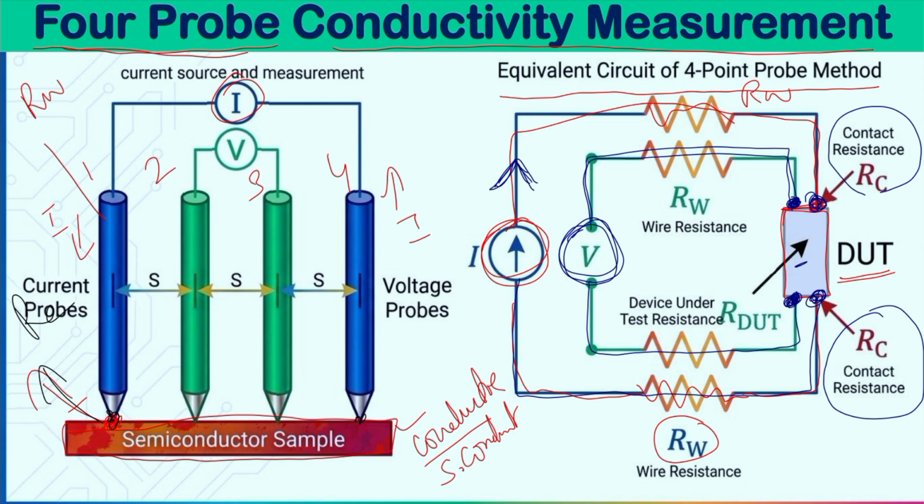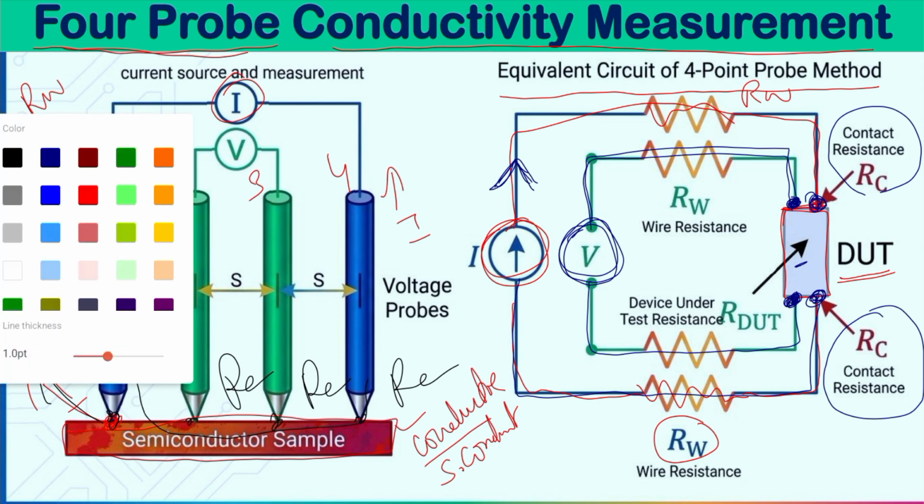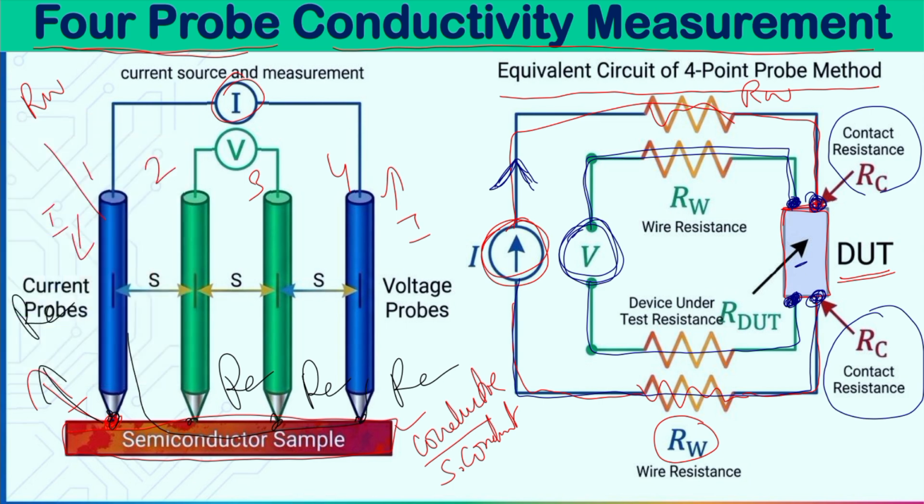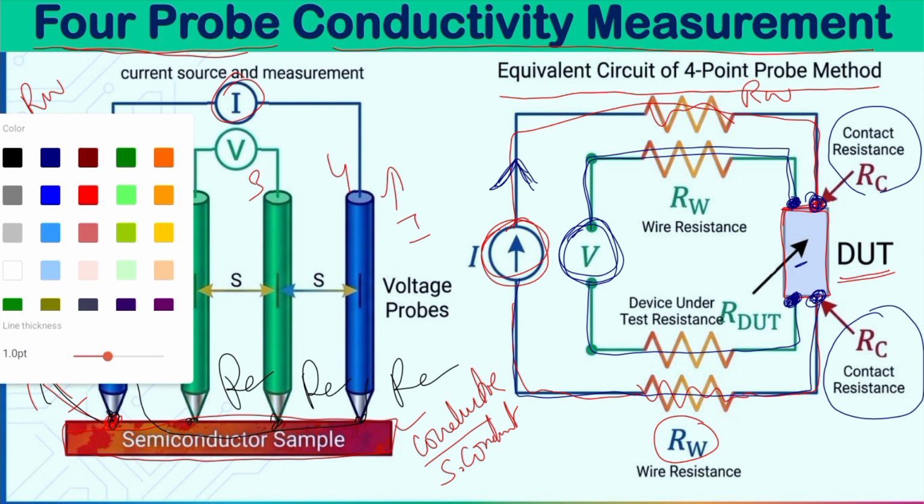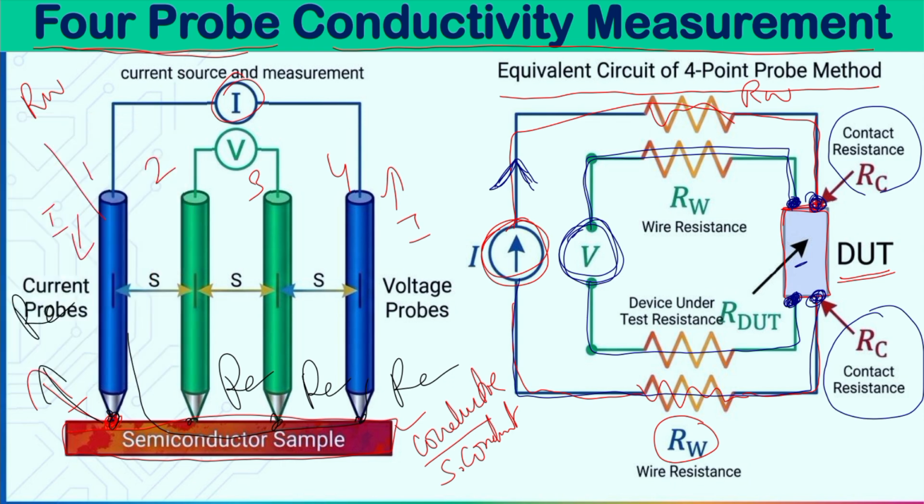Again here you have RC, here you have RC, here you have RC. What happens now? The current is flowing in this direction and going here and passing here, so it flows this way.